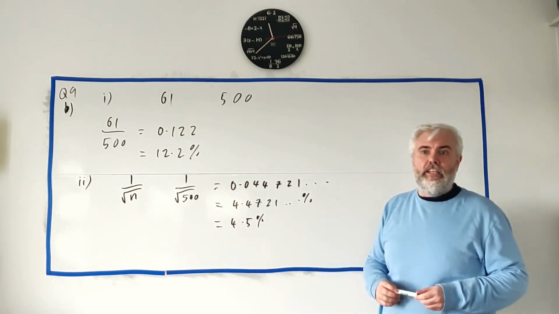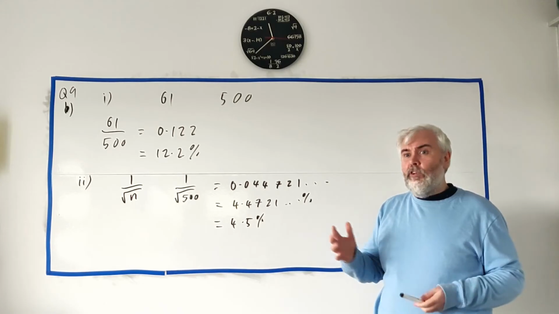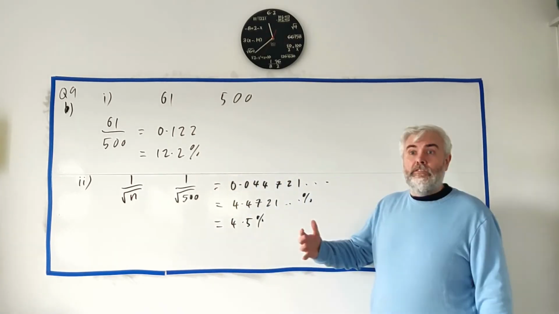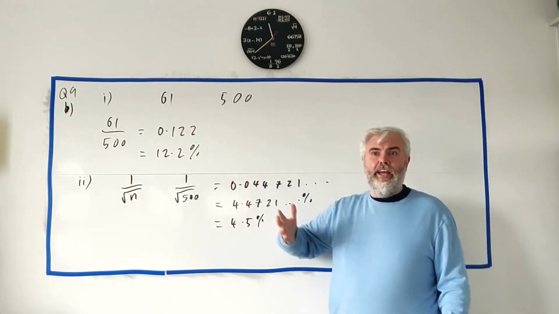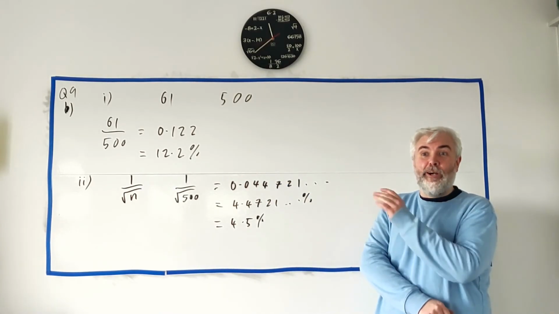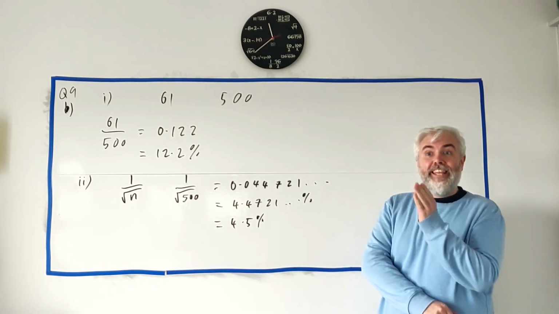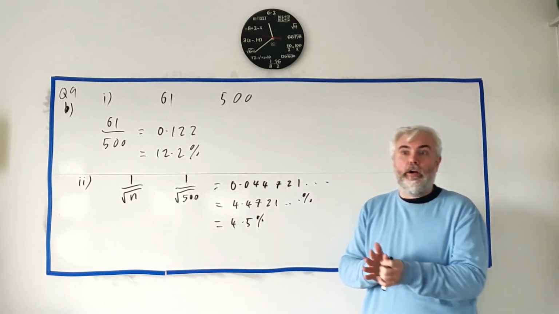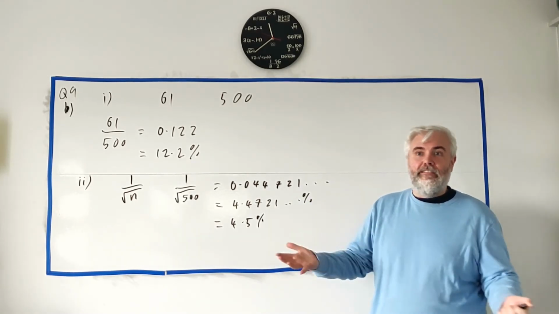In part 3, it says, in general, 10% of students get excellent. So basically, what exactly do they ask you here? To use your answers in parts 1 and 2 to test the claim that students from Cork are better than average.